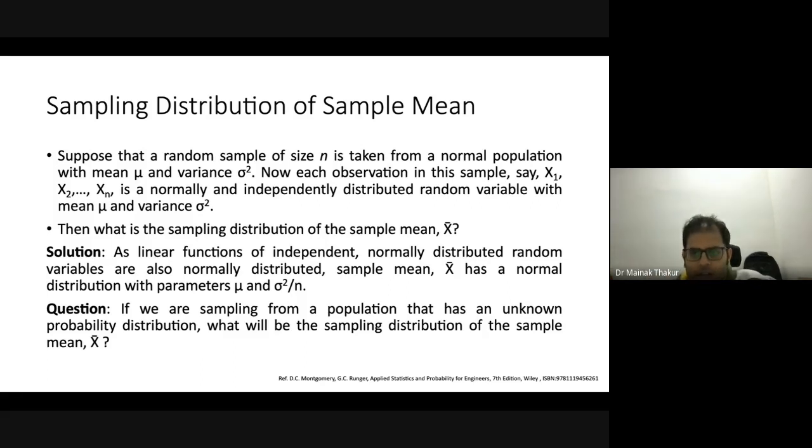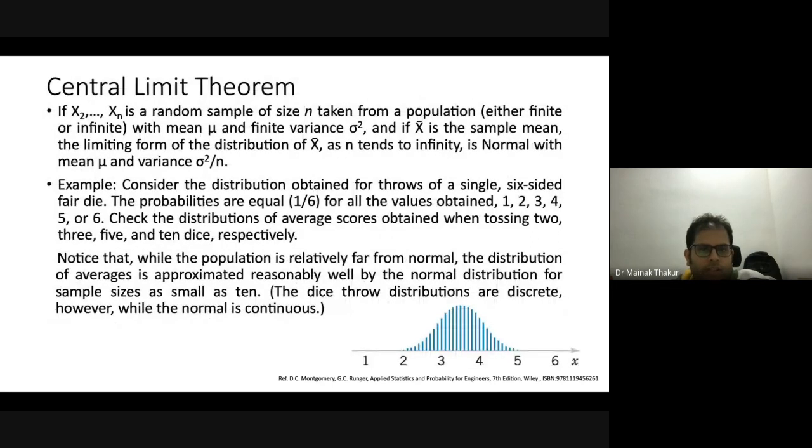To answer this question, we need one more theorem, which is called the central limit theorem. It talks about large samples.